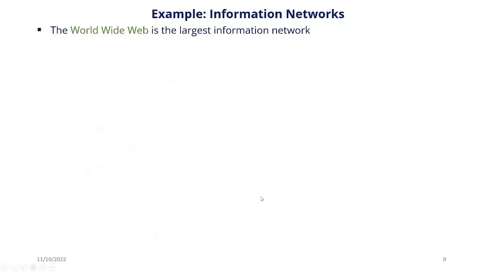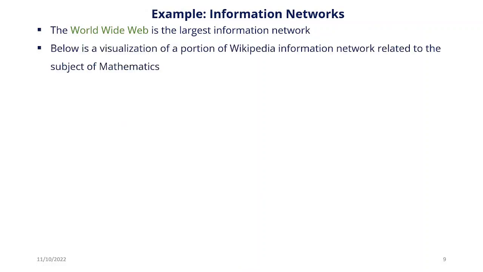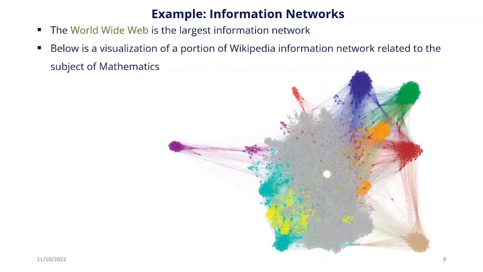The next example we see is information network. The World Wide Web is the largest information network, and below is a visualization of the Wikipedia information network related to the subject of mathematics. This diagram is also from the book of Filippo Menczer.